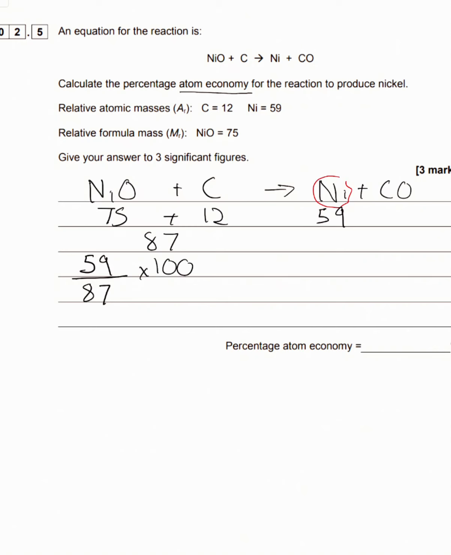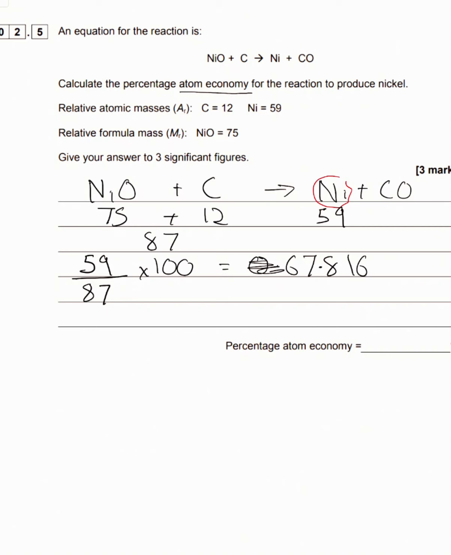And if we put that into a calculator, let's just do that, 59 divided by 87, we get 0.67816. Times 100, so it's going to be 67.816.